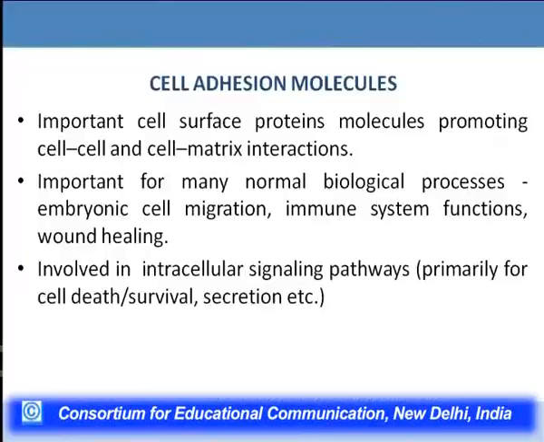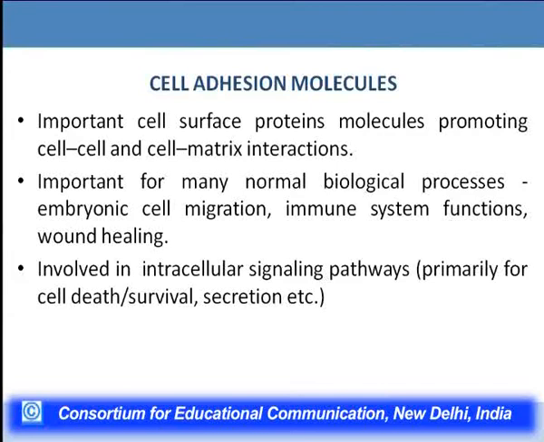So this particular lecture will be devoted to various types of proteins which are present on the membranes of various cells and the interactions which occur between cells through these proteins. Now these molecules which make the adhesion of various types of cells together are collectively termed as cell adhesion molecules, and they are protein molecules projecting outside from the cell.